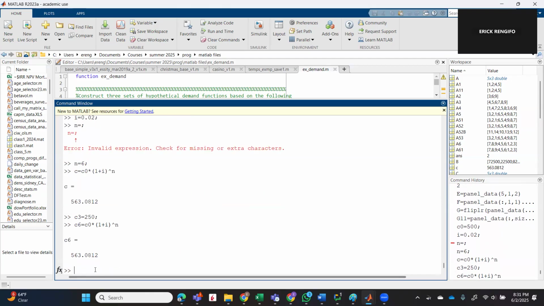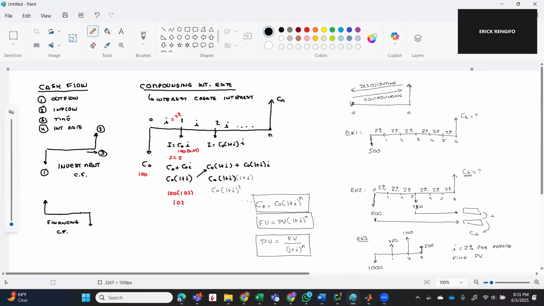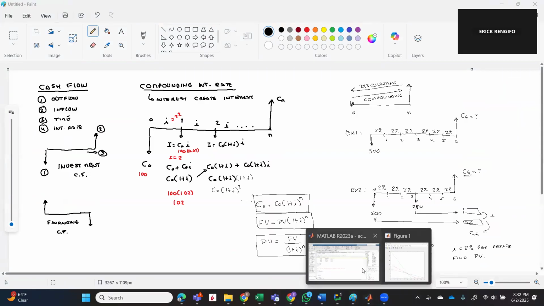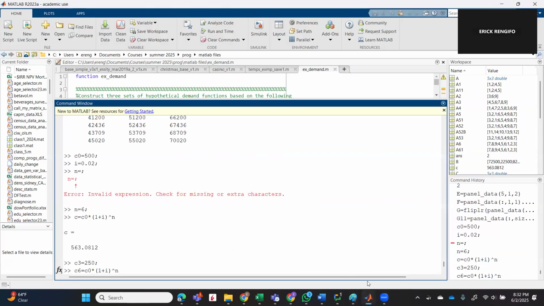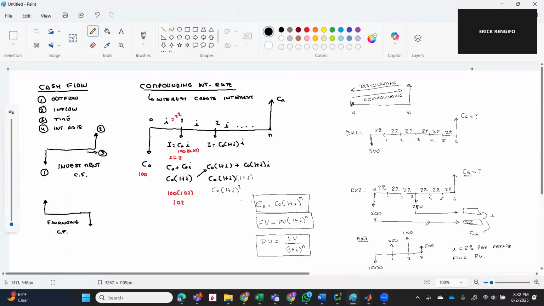Now, the $500 moved to the future is this value here, 563.